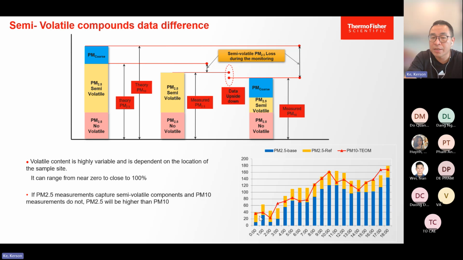Sometimes you can see that if we compensate the volatile portion, the PM 2.5 concentration will be more than PM10. It means the real measurement is underestimated because we missed the volatile portion.